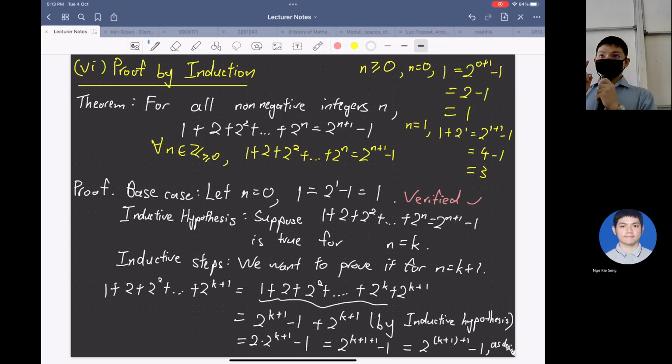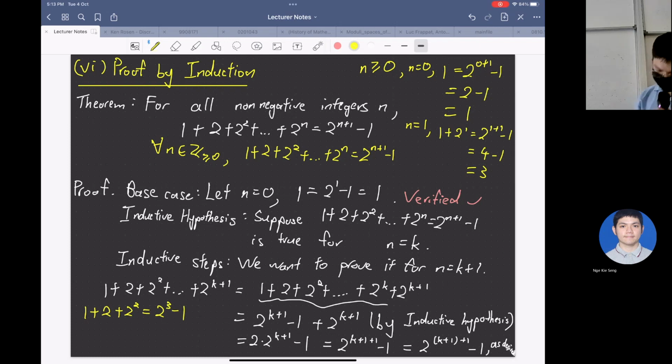Okay. So I will demonstrate in this case here. For example, let's say 2 to the 2 plus 2.